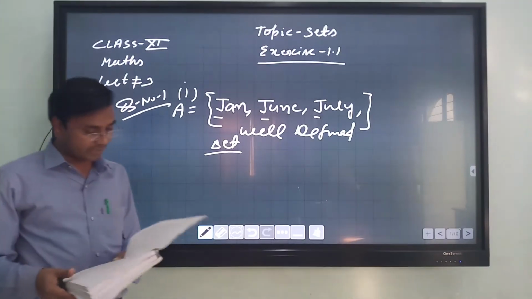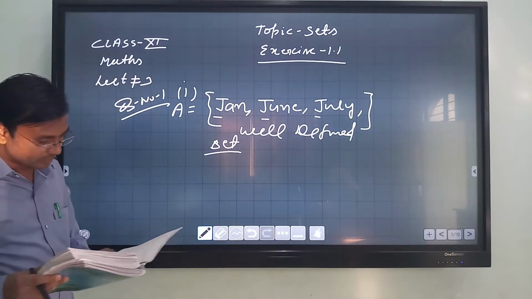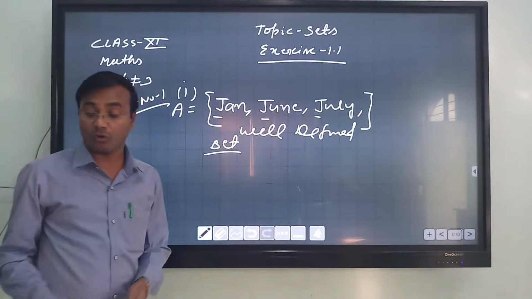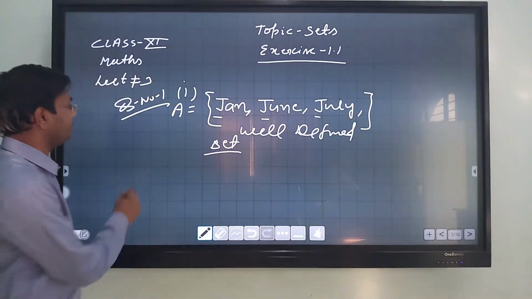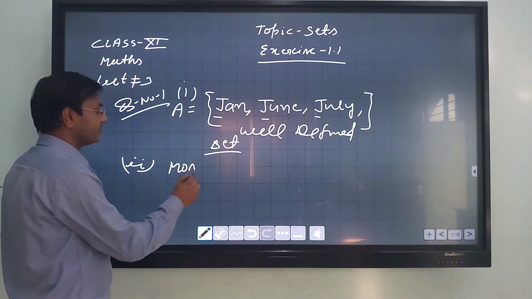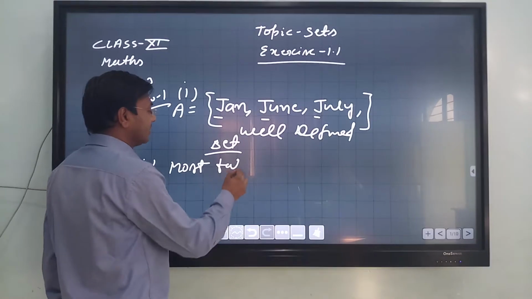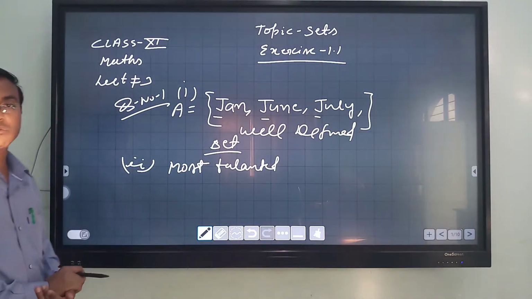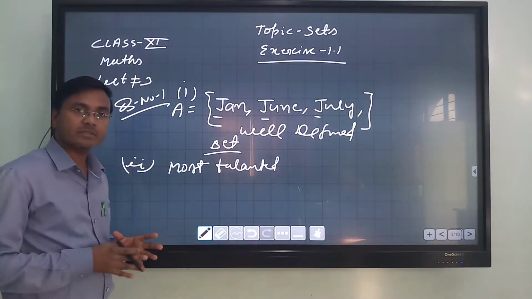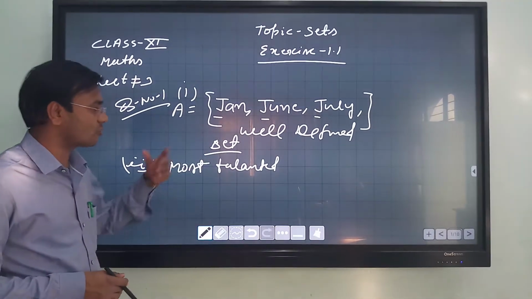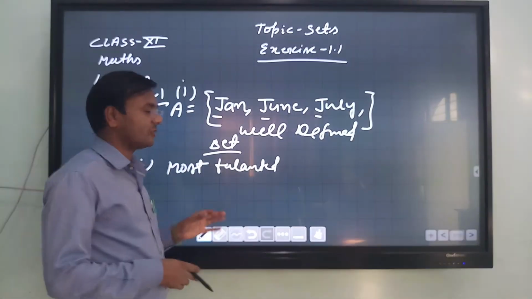Okay, now look at the second part. The collection of 10 most talented writers of India. The second part, most talented. So I would like to say there are some collections, like most talented teachers, most talented students, most talented doctors.